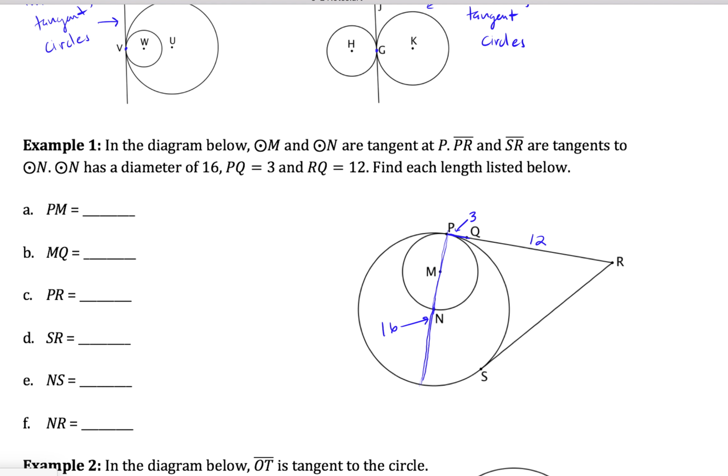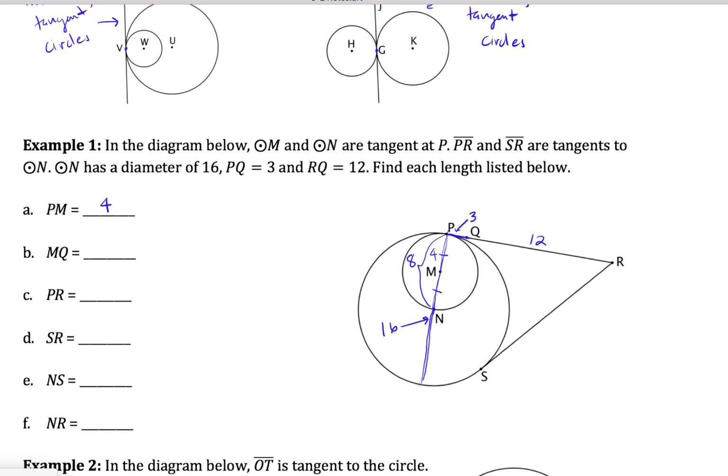So if I quickly sketch that in, I know that this would be 8. And then PM is half of that, right? Because PM is a radius of circle M. So that would mean that it's going to be 4. So PM has a length of 4.